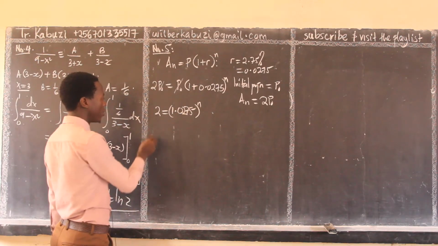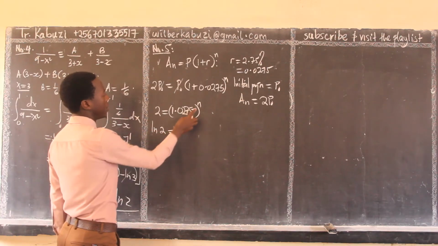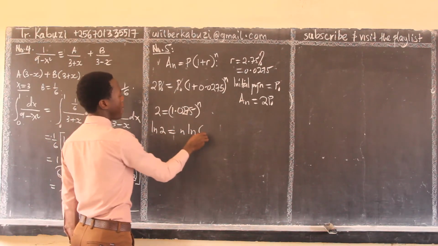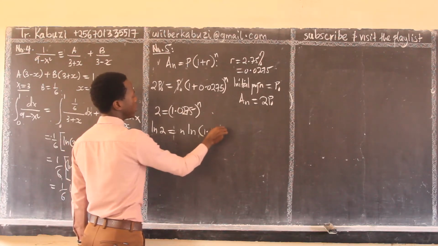Here we just introduce natural log to simplify. Introduce natural log, the N will lower there, 1.0275.